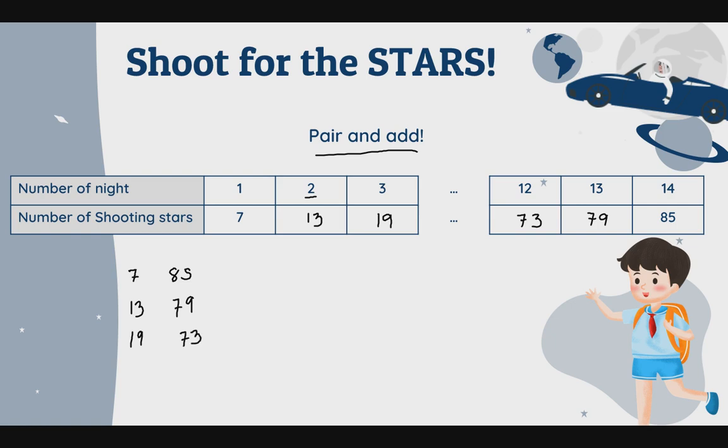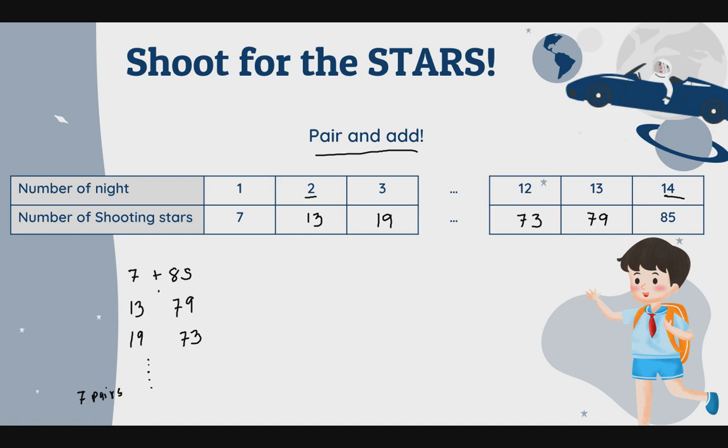So if we are to pair all the data, we will have a total of 7 pairs on 14 nights.